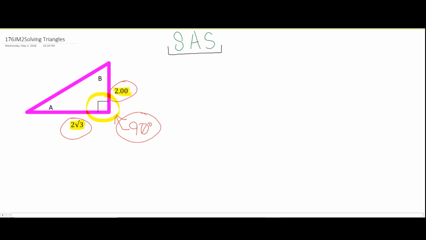So the procedure for solving this kind of triangle is first to find the hypotenuse. Let's find out what this hypotenuse is. So Pythagorean theorem says that the hypotenuse is equal to the square root of the sum of the squares of the sides. So we have the square root of 2 squared plus 2 times the square root of 3 squared.